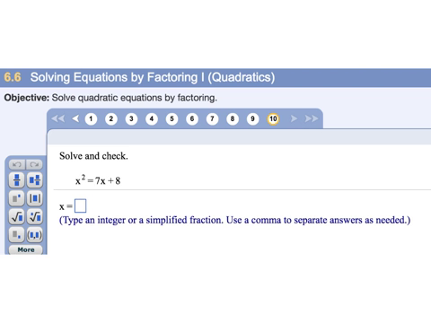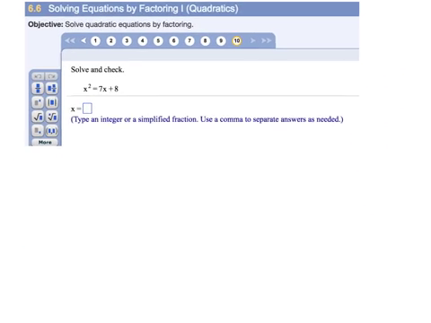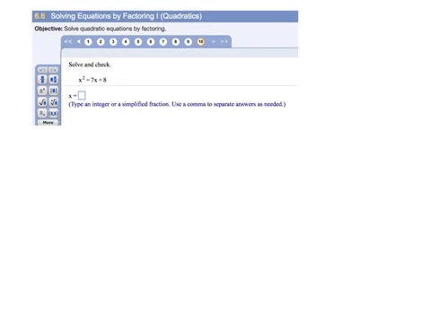And the last problem. So first thing we need to know is the equation has to equal 0. So what we've got to do is move stuff around so that it does equal 0. So you've got x squared equals 7x plus 8. So I'm going to subtract a 7x and I'm going to subtract an 8 from both sides.